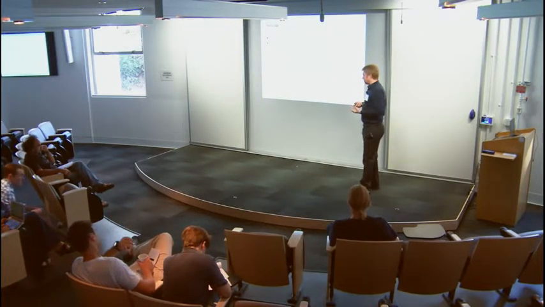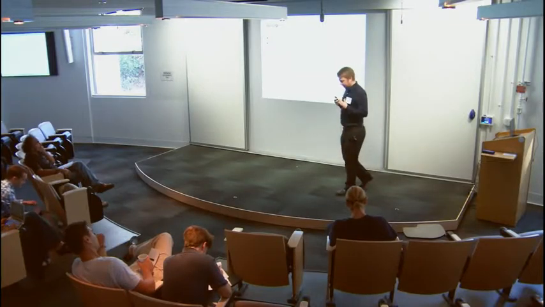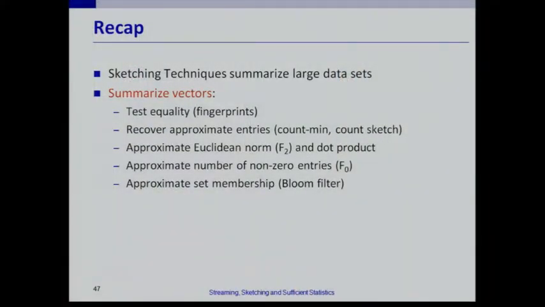And we said, actually, there are very space-efficient and relatively efficient to construct summaries of those vectors that allow us to do things like testing the equality between two large vectors, recovering entries approximately with additive error, approximating the Euclidean norm, so getting a Johnson-Lindenstrauss style result, and also dot product, approximating the number of non-zero entries, the F0 or distinct elements problem, and approximating set membership, so sort of approximately encoding binary vectors.